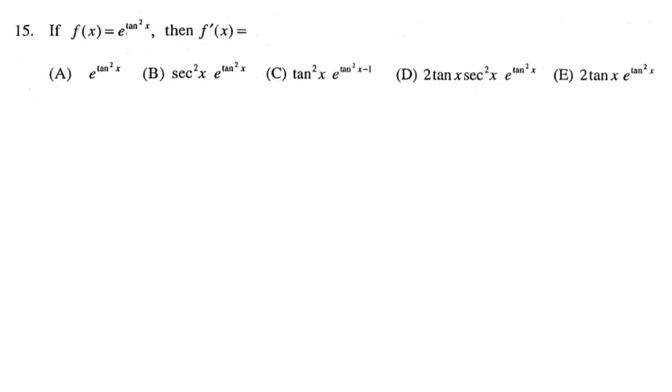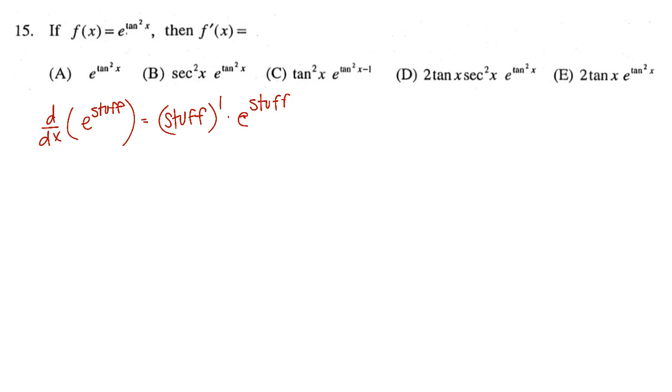Okay, so for this problem, we need to find the derivative. And just a quick reminder, if you do the derivative of e to the stuff, use a nice word, stuff, you will get the derivative of stuff times e to the stuff. And again, use nice words for stuff.